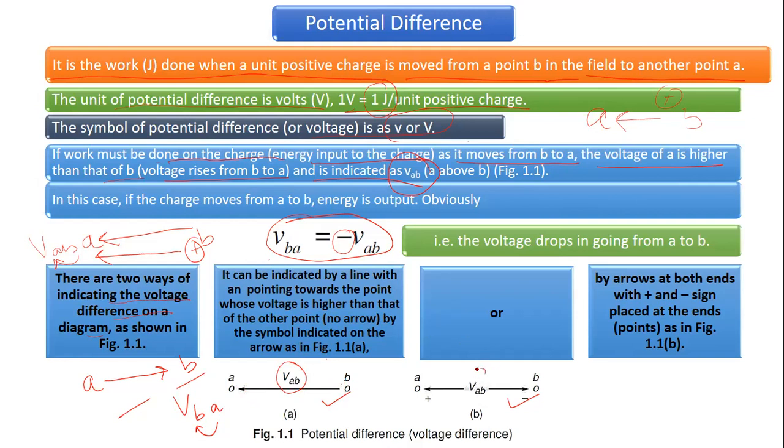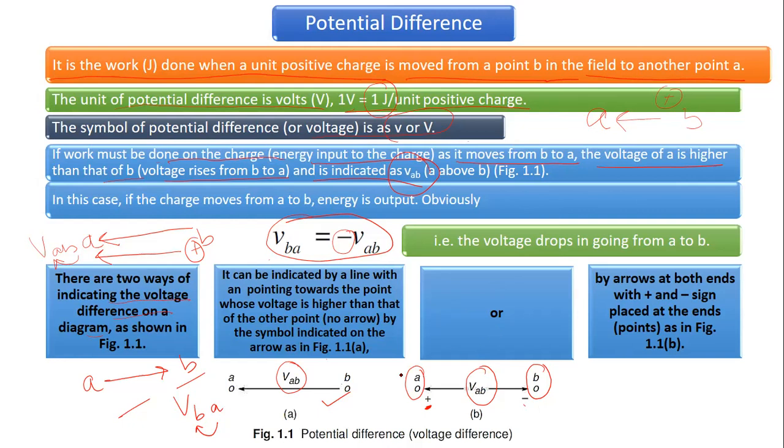Similarly, we can also show the voltage in this other way. Whichever point is at higher potential can be shown as positive, and whichever point is at lower potential can be indicated as negative.